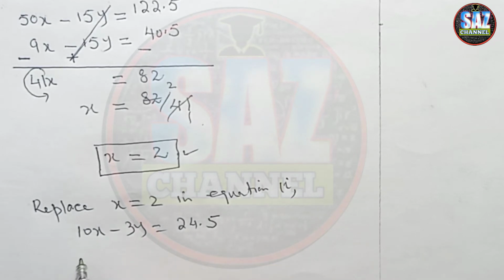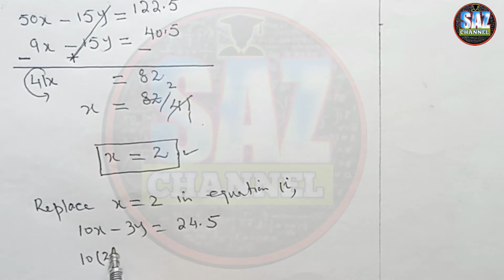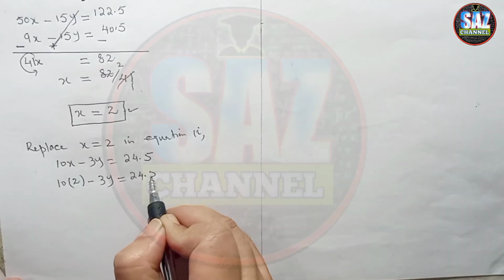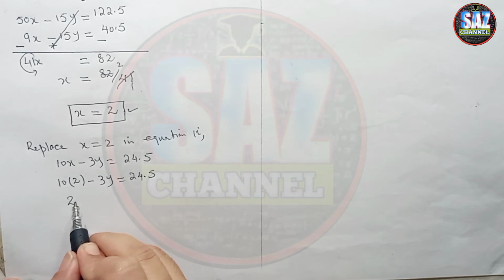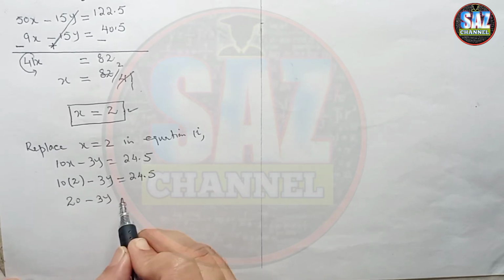Insert x by 2, replace or substitute. These are the different words that you can use in the lesson. 10 into 2 minus 3y equals to 24.5.